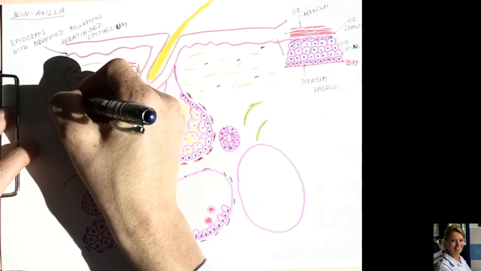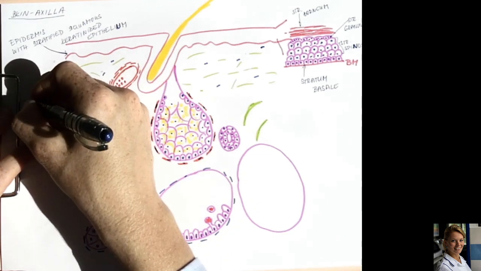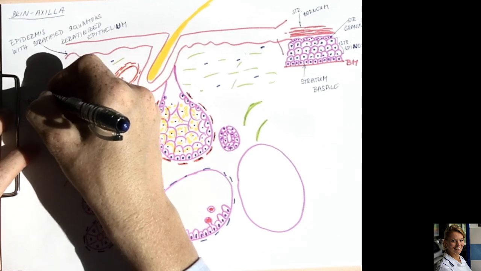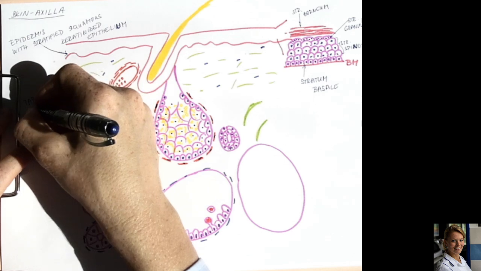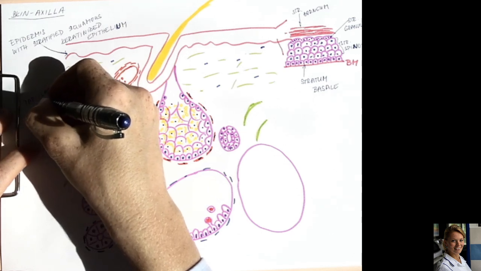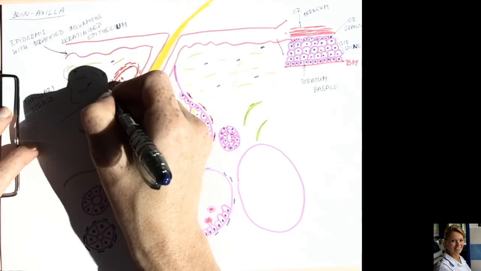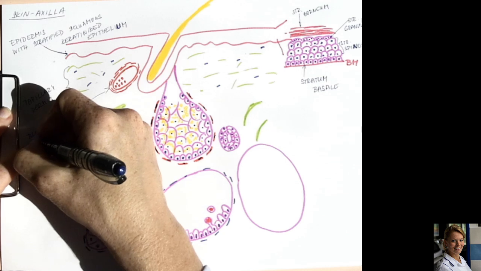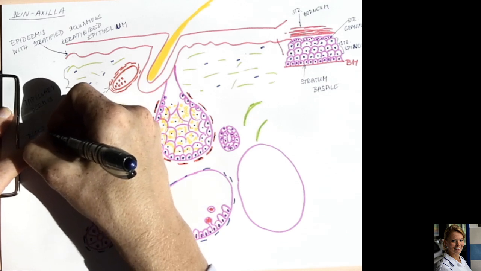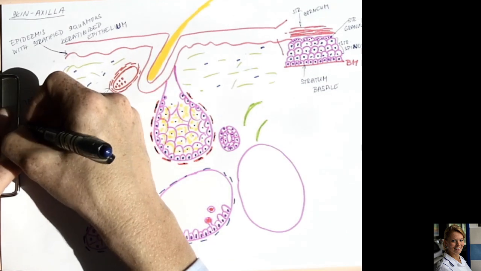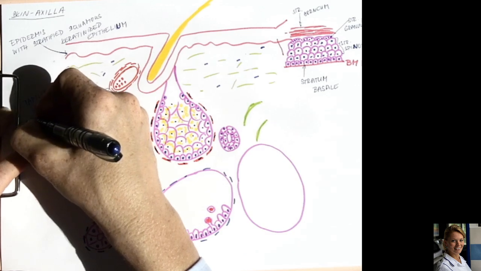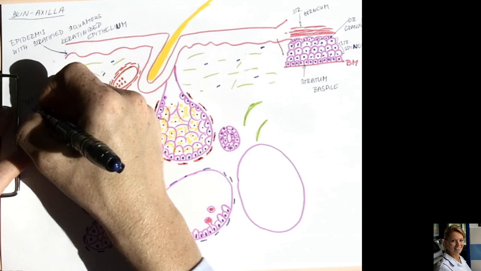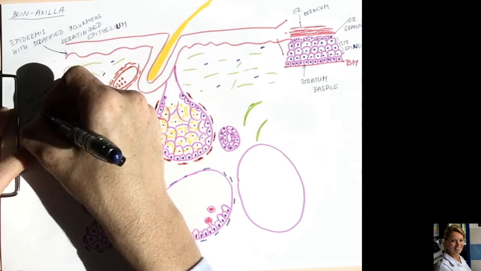This is papillary dermis with the blood vessel. This is loose connective tissue which forms the papillary dermis.